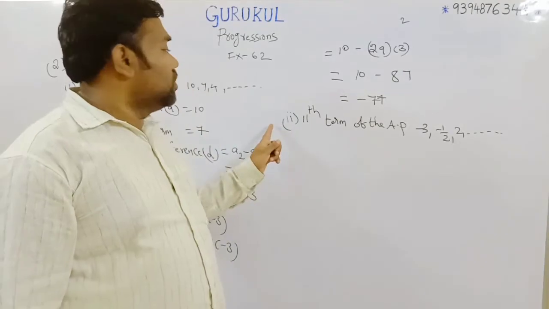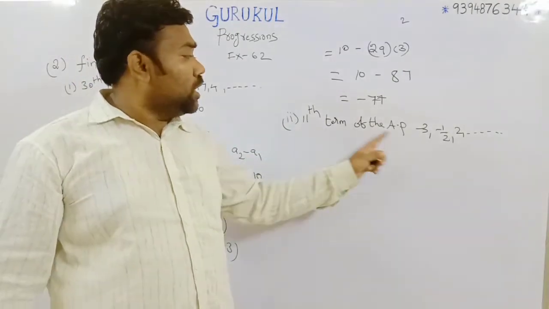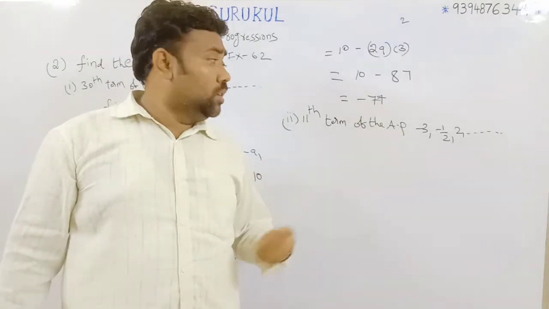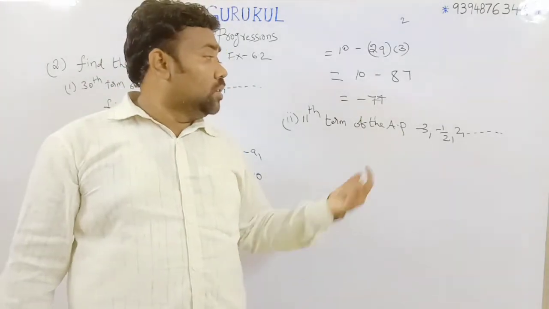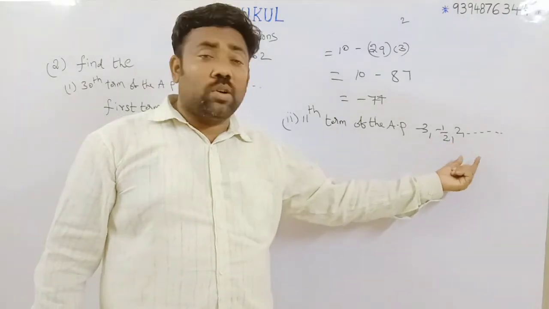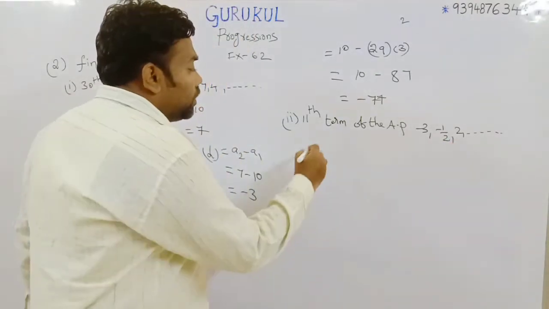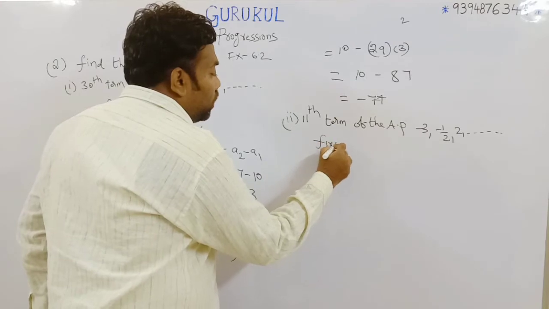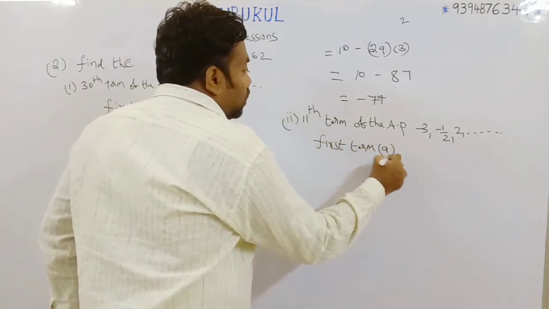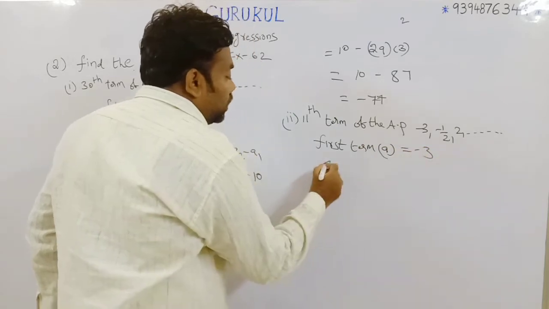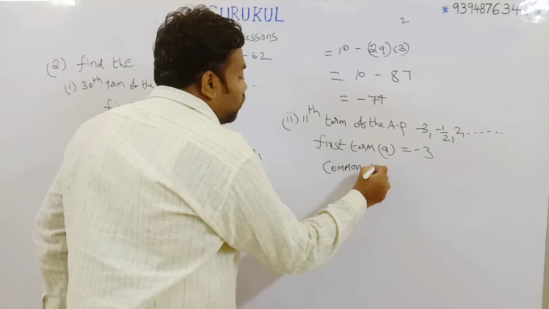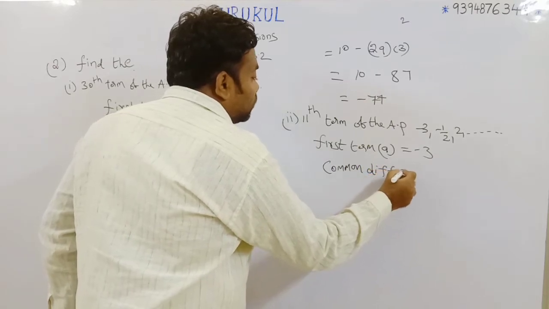Now, second question. Find the 11th term of the AP minus 3, minus 1 by 2, 2, and so on. So first term small a equal to minus 3.